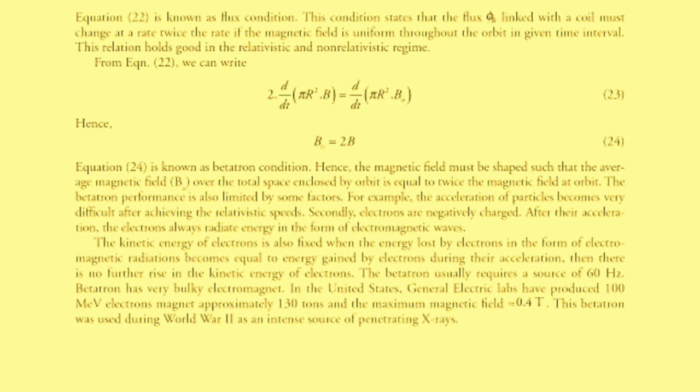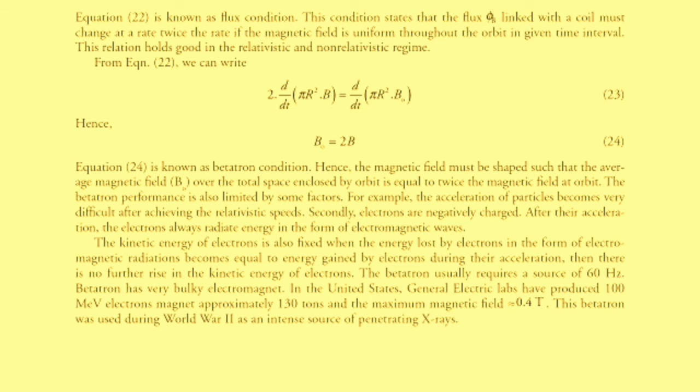The kinetic energy of the electron is also fixed when the energy lost by electrons in the form of electromagnetic radiation becomes equal to the energy gained by electrons during their acceleration, and then there is no further rise in the kinetic energy of electrons.